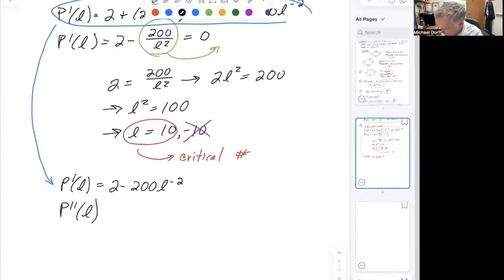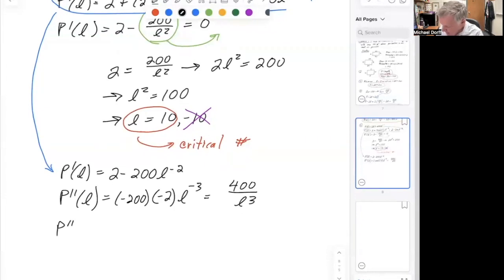The derivative of 2 is 0, so I get -200, bring down the exponent -2, and then I have L, reduce the exponent by 1, I get -3. I can write that as 400 over L cubed.